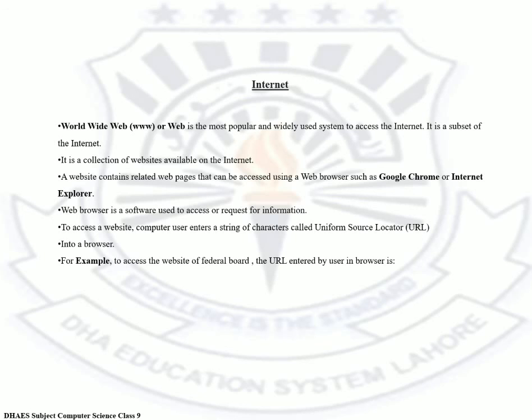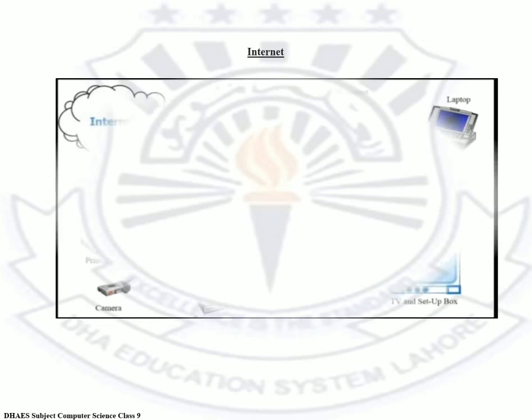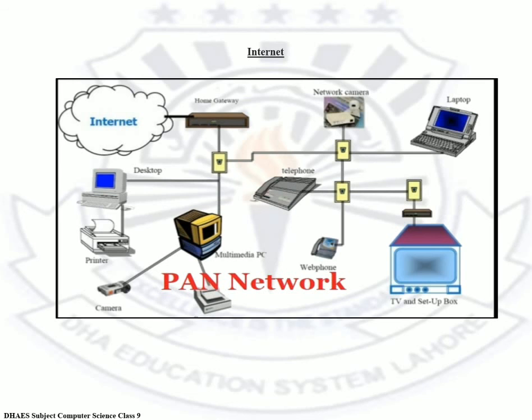For example, to access the website of Federal Board, the URL entered by the user in browser is www.fbisc.gov.pk. Let us see a diagram. In this diagram, various devices are using single internet connection.